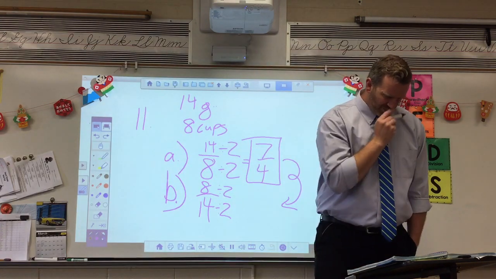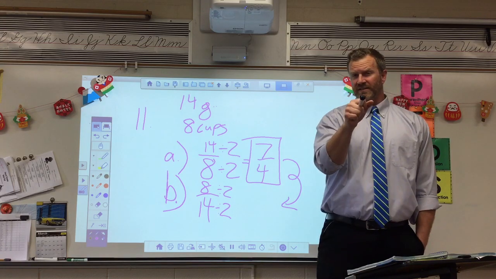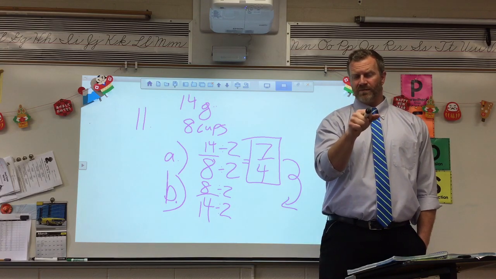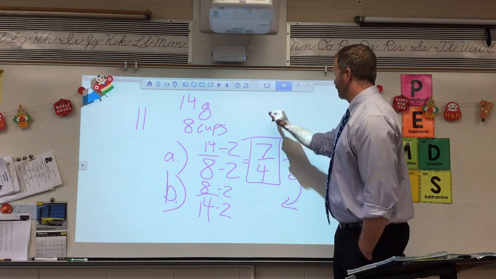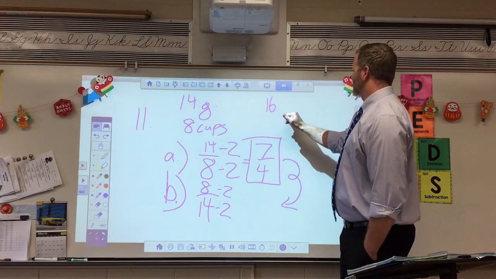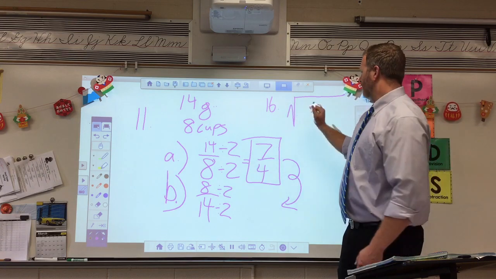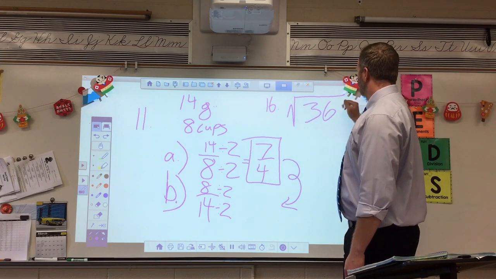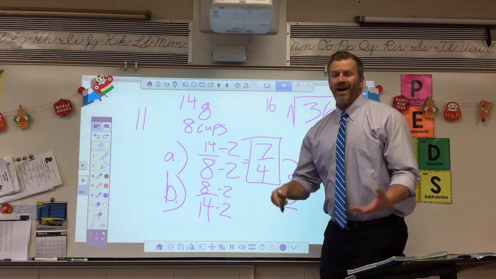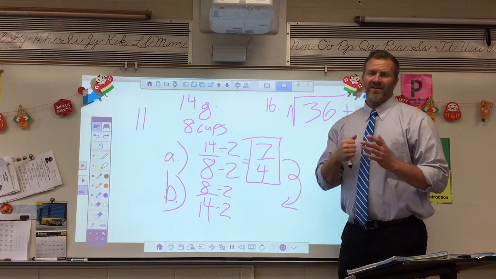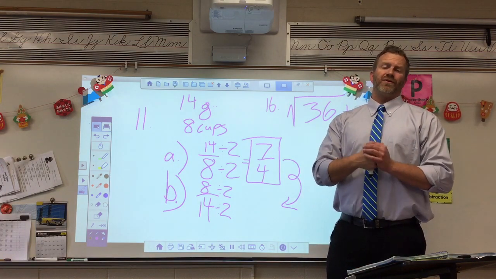All right, sweet. I wanted to touch on 16 real quick, guys. Look at 16 with me. It's got this funky symbol right here. And then, let's see, what was the numbers? Oh, we got 36 plus another number over here. Now, remember, that symbol is saying what is the square root of 36?